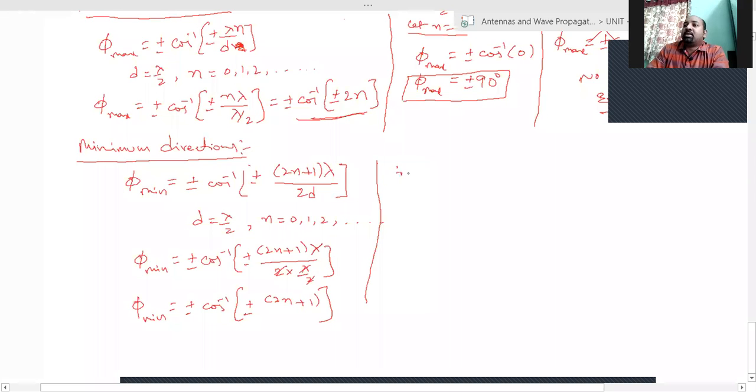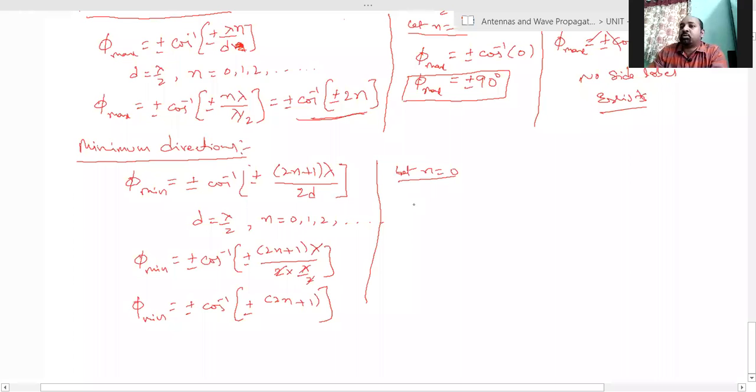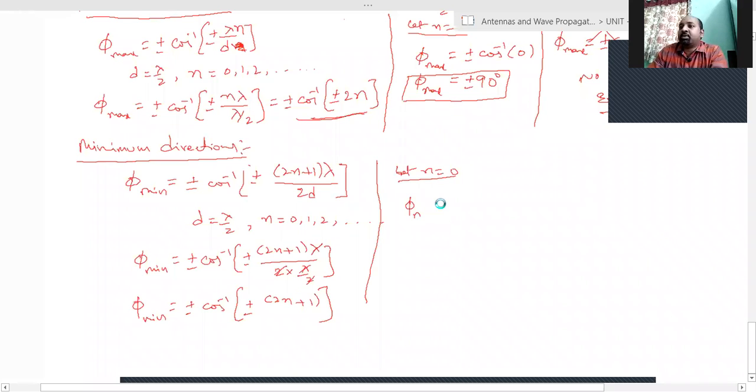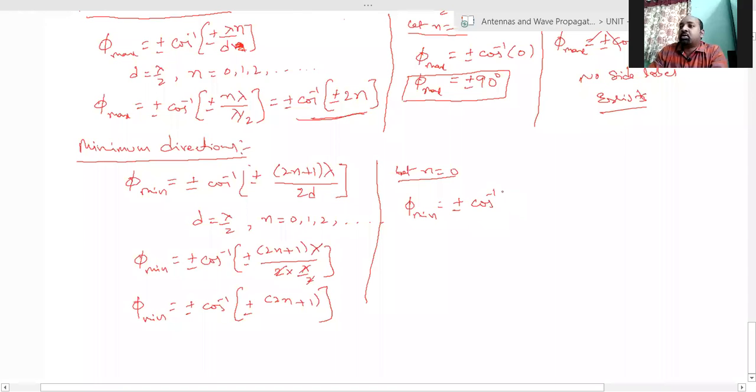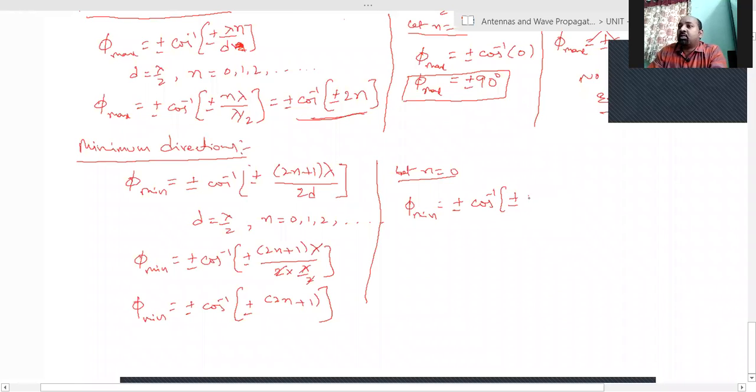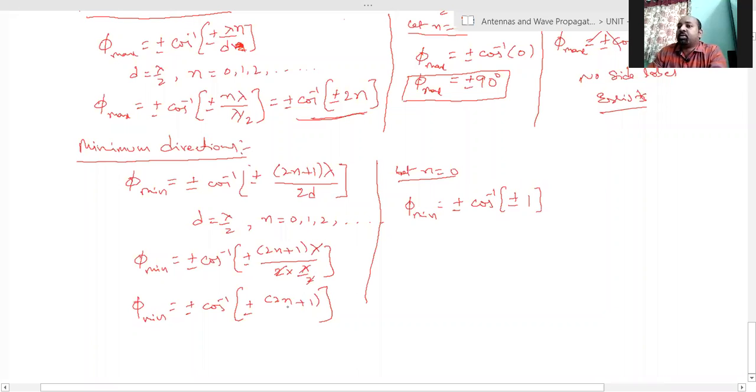Now let n is equal to 0. What will we get? Phi minimum is equal to plus or minus cos inverse plus or minus 1, because small n is 0.